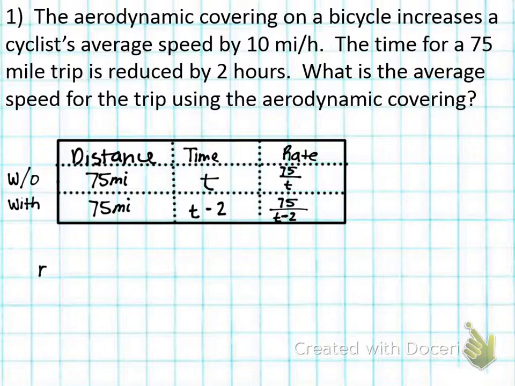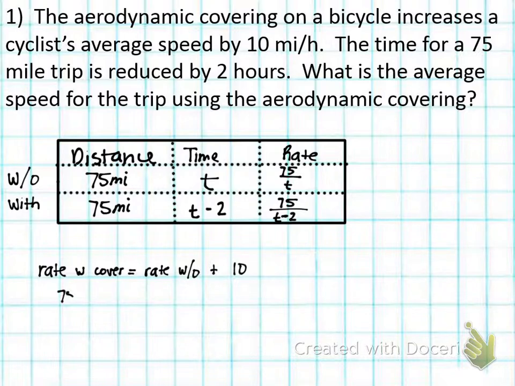It tells us that the rate with the covering, okay, look at the first sentence. The aerodynamic covering on a bicycle, what does it do to it? How much faster does the bicycle go with the covering? So it means that the rate with the covering is the same thing as the rate without the covering, but plus 10 miles an hour, right?